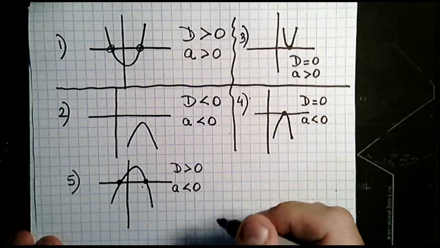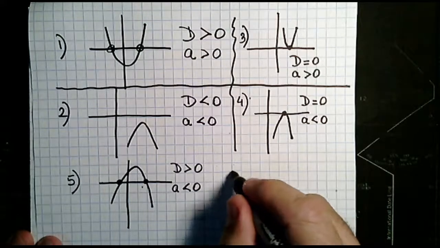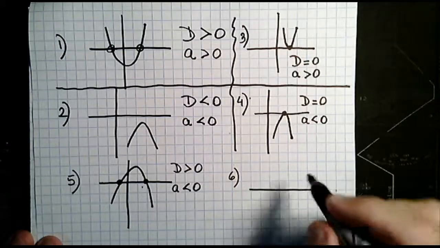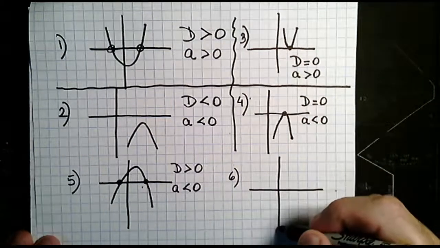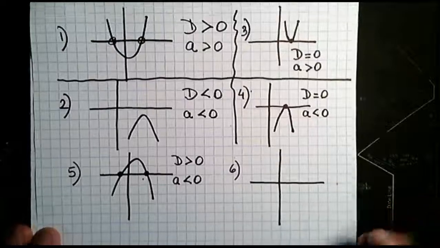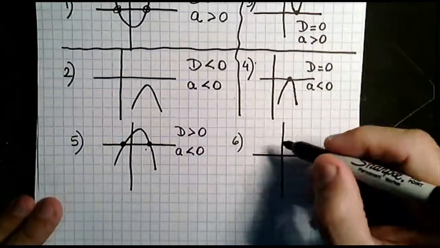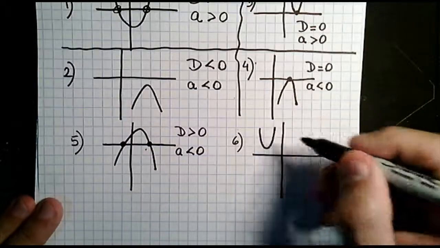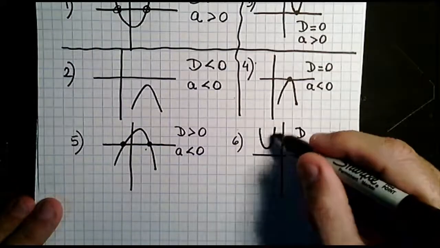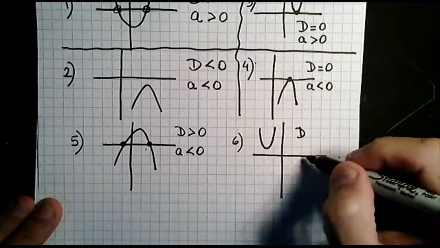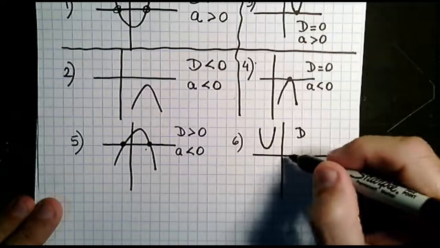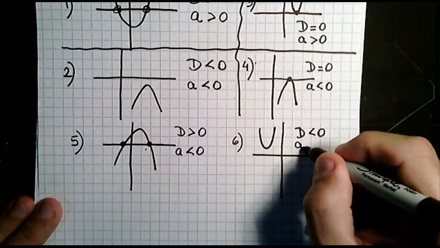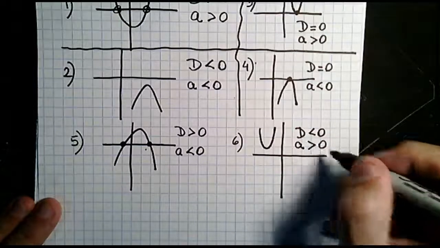And finally, situation number 6. For situation number 6, I do my parabola over there, and the discriminant, as you can see, my parabola is not cutting, so it's less than 0, and A, of course, is greater than 0.